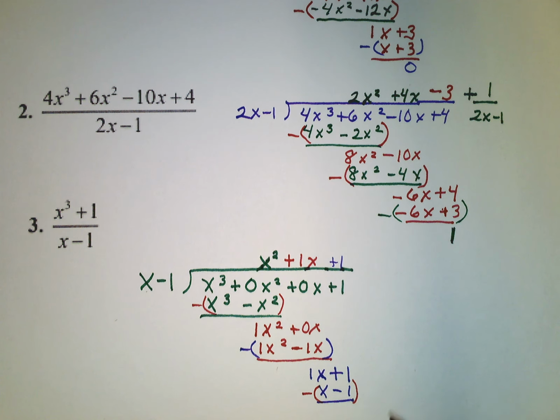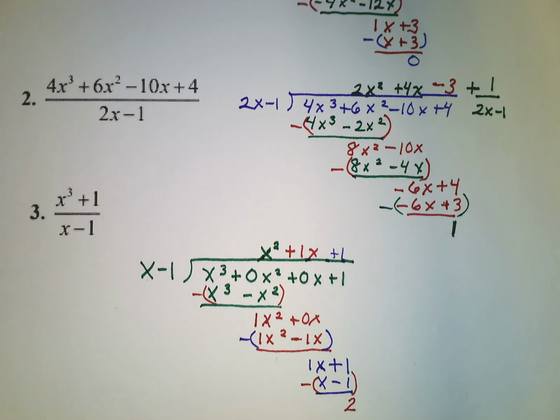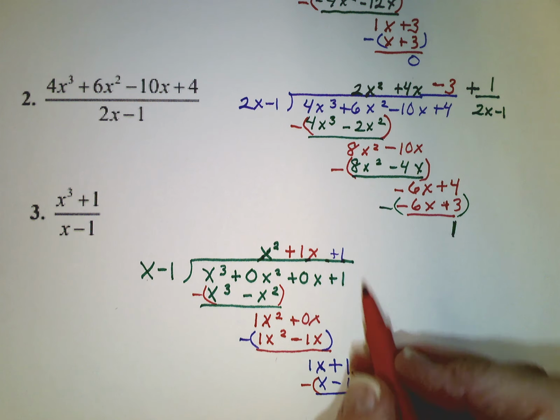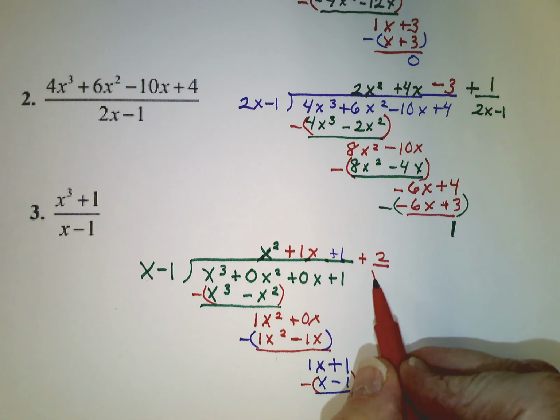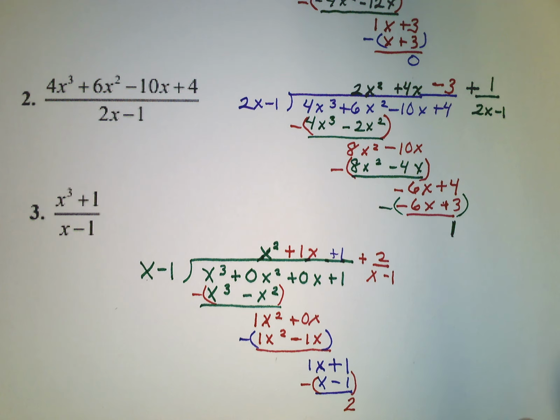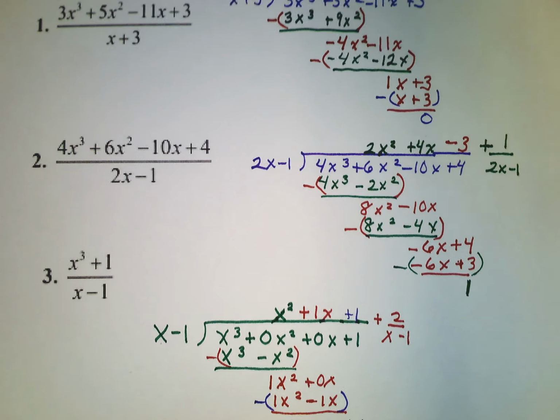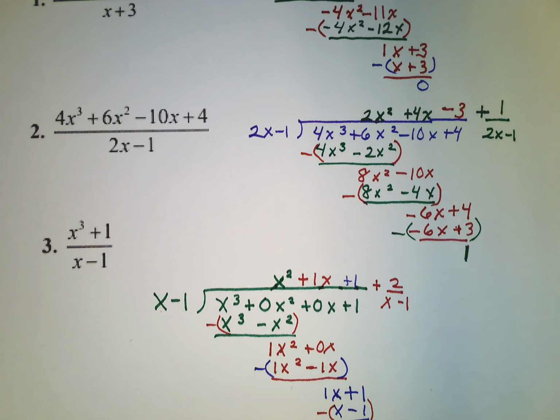Well, x minus x, that's 0. 1 minus negative 1 is 1 plus 1. So we actually have a remainder of 2. And we're going to write it as a fraction. It's a positive 2, so we're going to put plus 2 over whatever our divisor was. And that's how they got those answers that were up at the top.